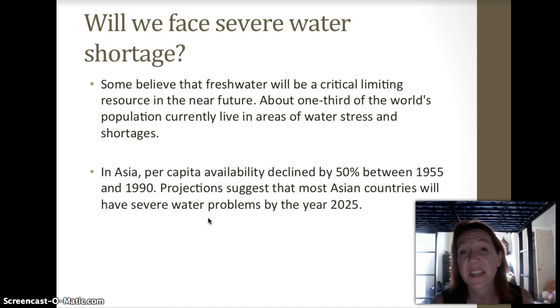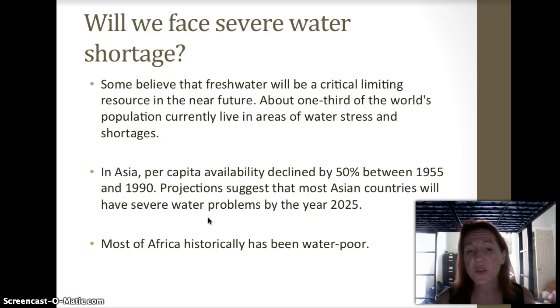An example of that is in Asia. Between the years of 1955 and 1990, there was a 50% decrease in the amount of available water. So the projections say that by 2025, many countries in Asia will have severe water shortages.